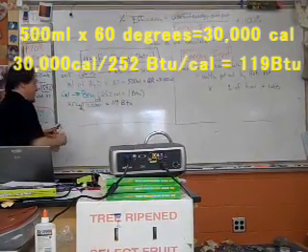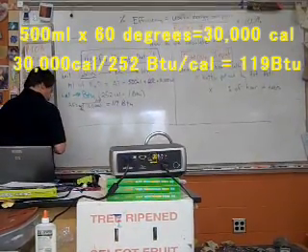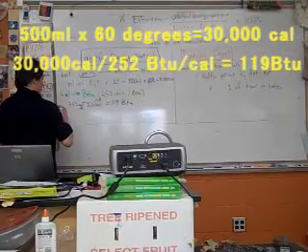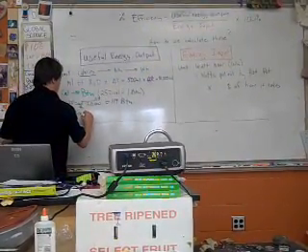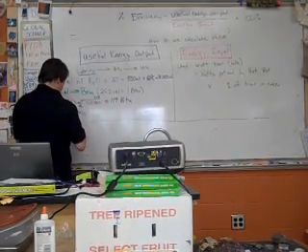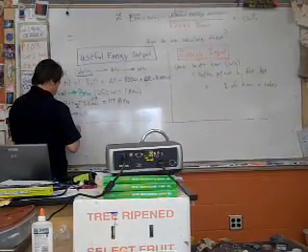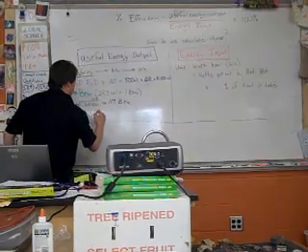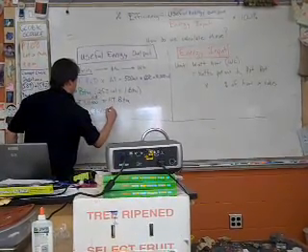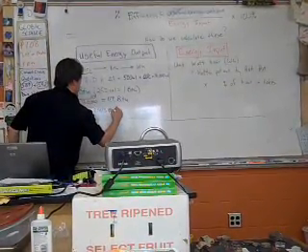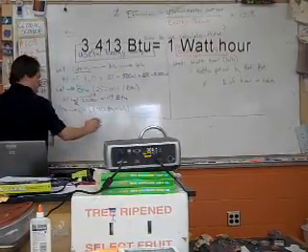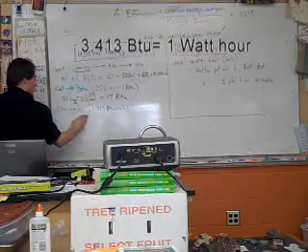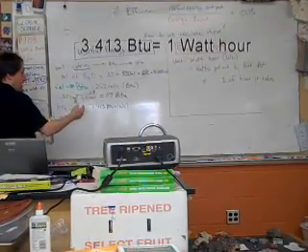Now all we have to do is convert BTU to watt hours using the conversion 3.413 BTU equals 1 watt hour. Let me move this line, it's not low enough. Again, same thing.